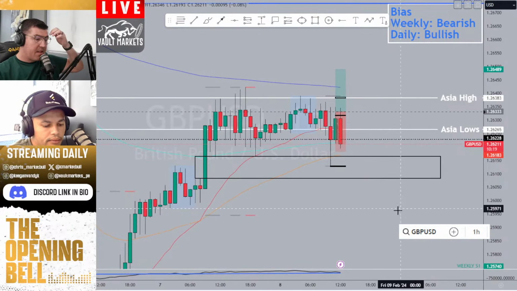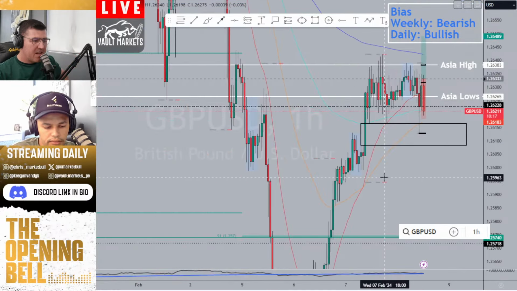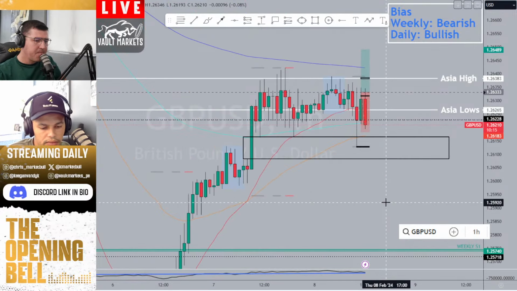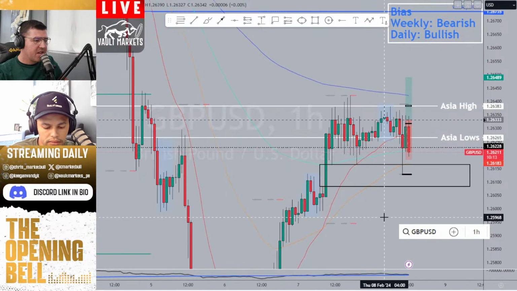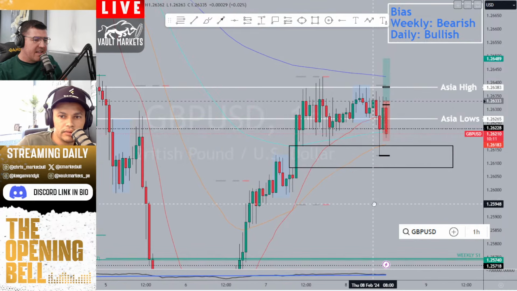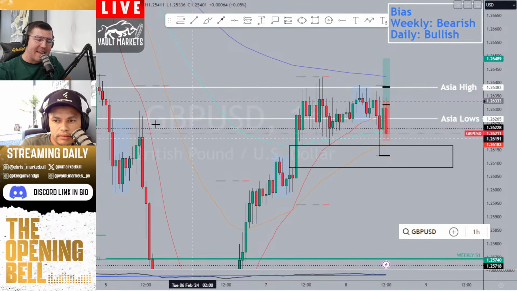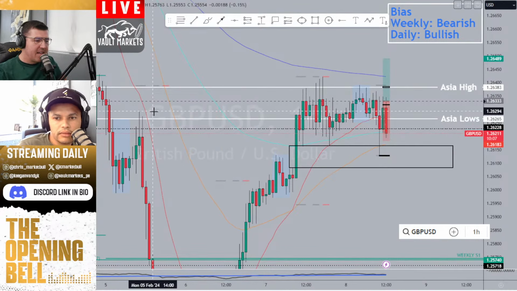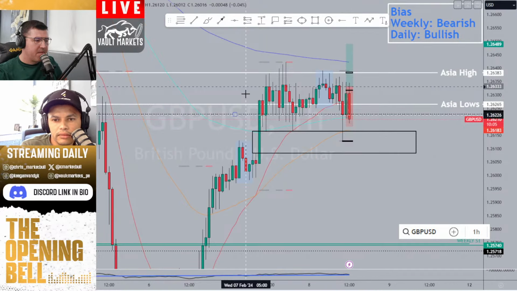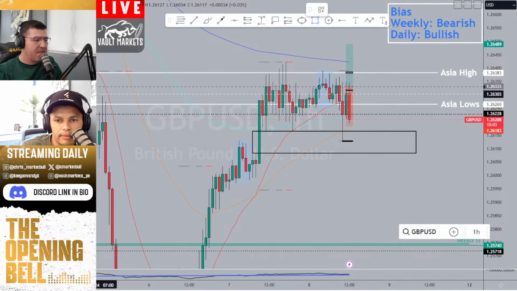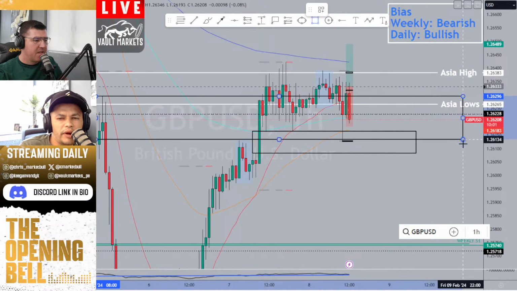You would expect though that this range... Yes, this is actually technically a supply demand flip if you think about it, or some would call it the breaker.